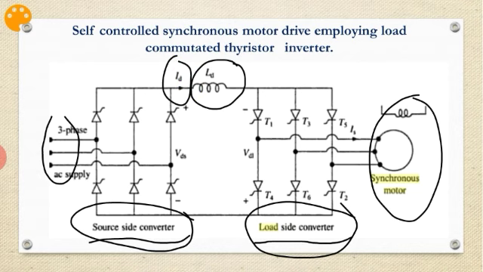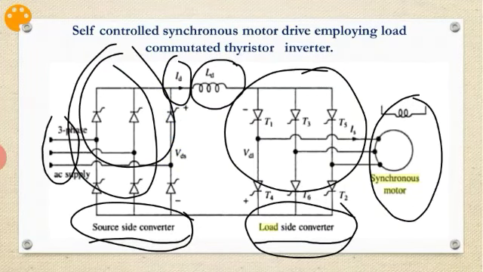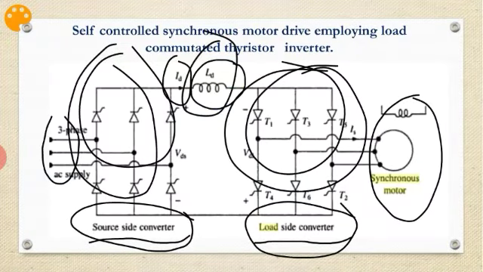The LD is the DC link inductor which reduces the ripple in the DC link current ID, and one more function is that it prevents the two converters from interfering with each other's operation. I will discuss the operation of the source side converter and the load side converter shortly.